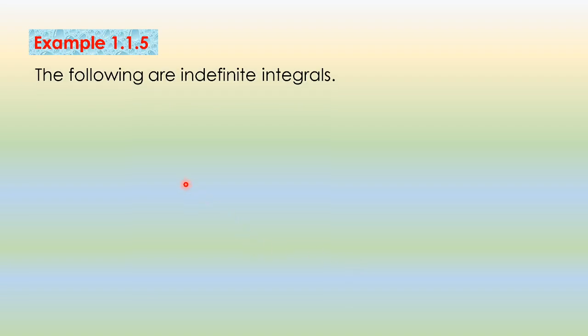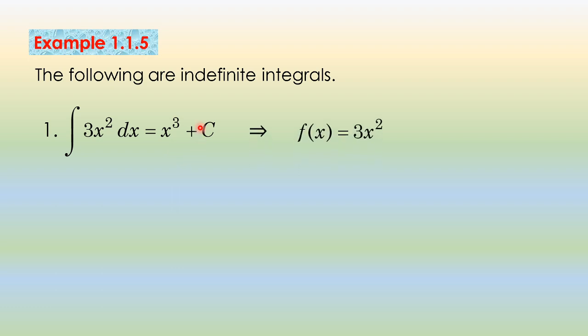Let us have the following examples. The following are indefinite integrals. The integral of 3x squared dx equals x cubed plus c. Here, small f of x is equal to 3x squared, while the big F of x is x cubed.